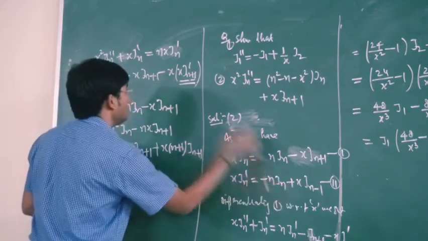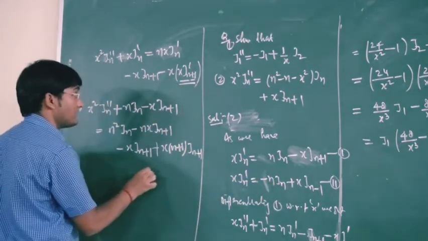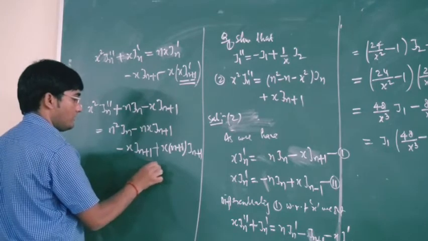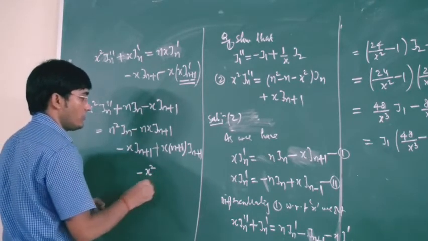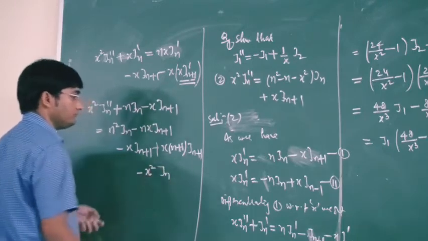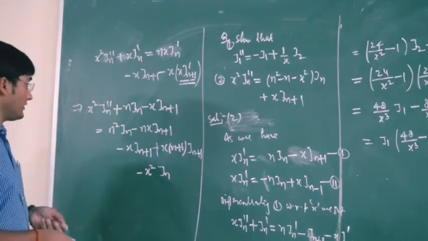Again here we have plus and here we have minus, so this will be minus x square Jn, as we have to replace our n by n plus 1.